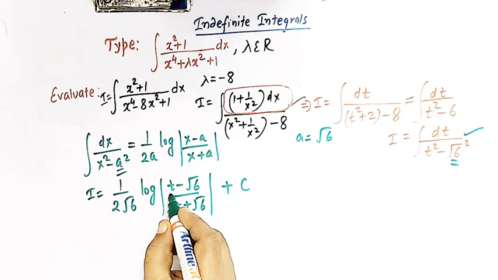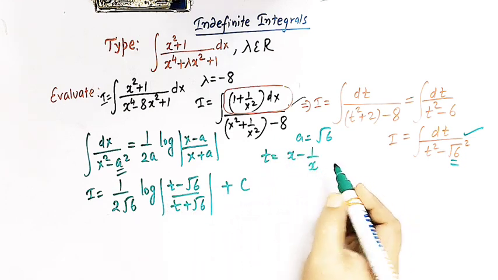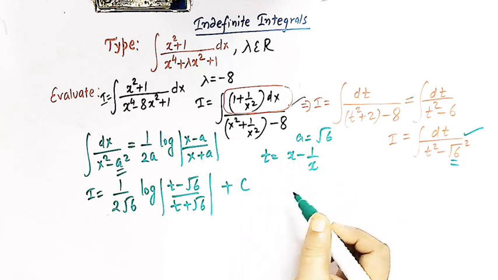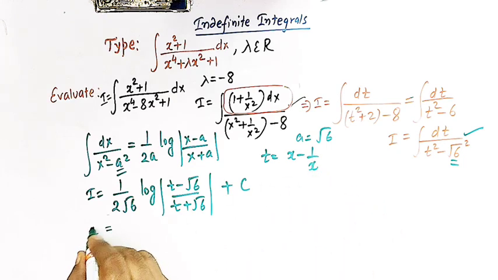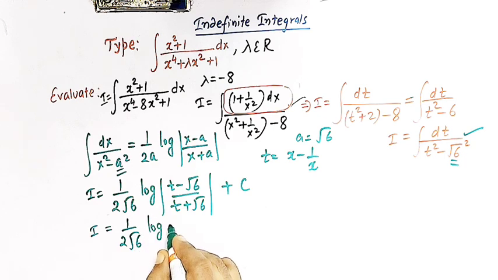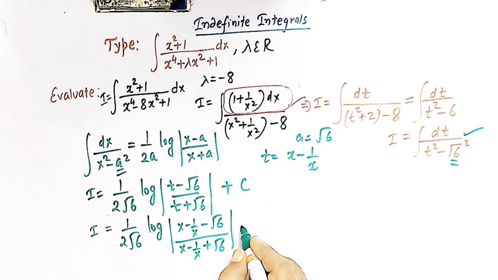So now let us replace this t by x minus 1 over x, because in the beginning we have assumed that t is equal to x minus 1 over x. So we have I is equal to 1 over 2 times square root of 6, and then we have log. Here t is x minus 1 over x, minus root 6, and in the denominator we have x minus 1 over x plus square root of 6, and c is the constant of integration.